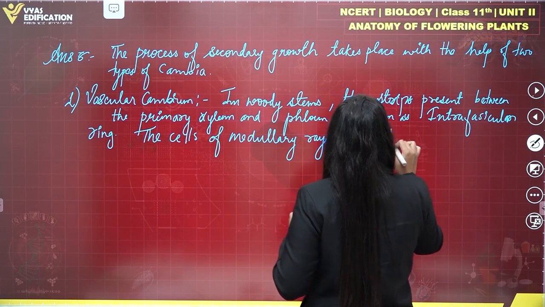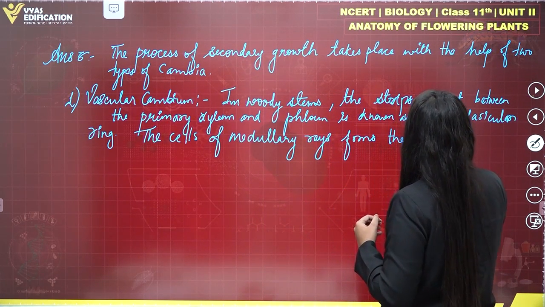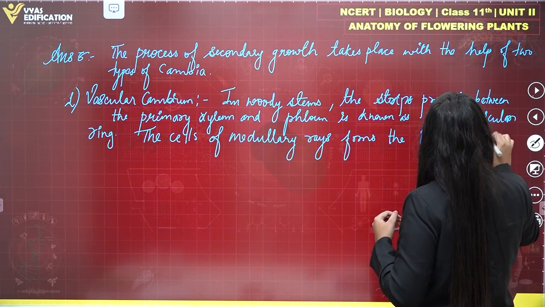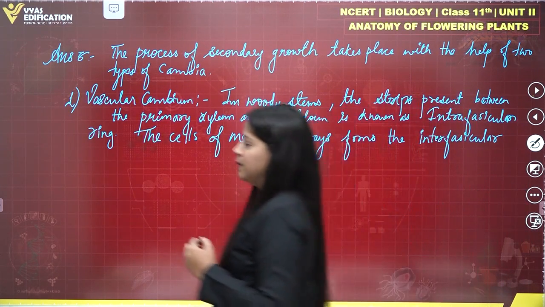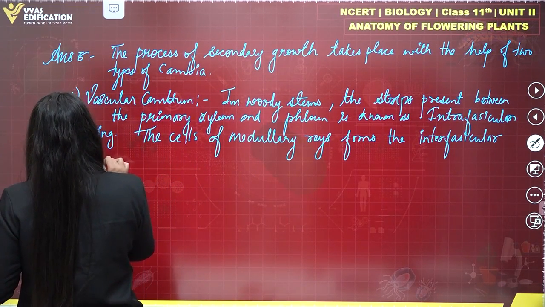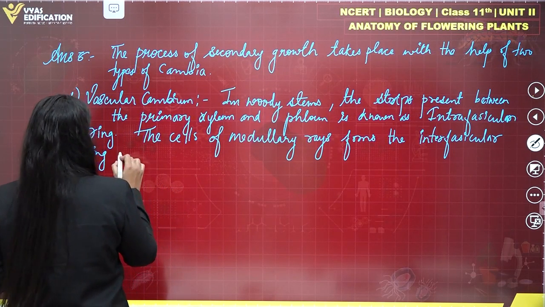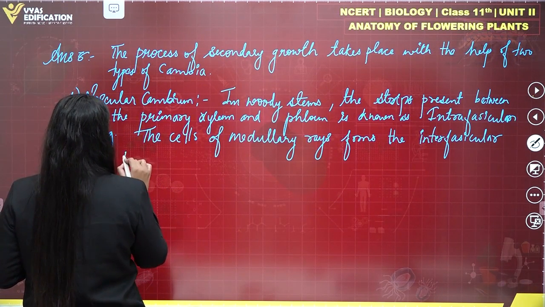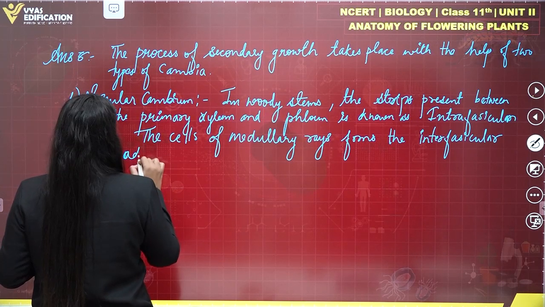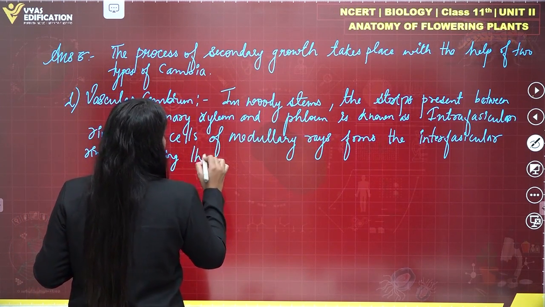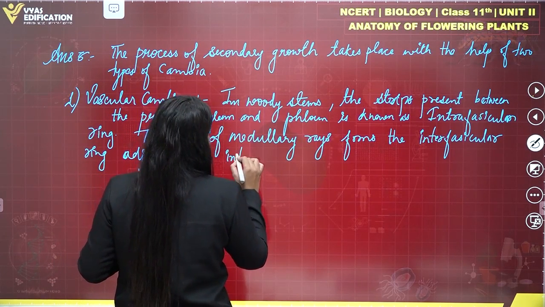form the interfascicular ring between the vascular bundles, adjoining the intrafascicular ring.